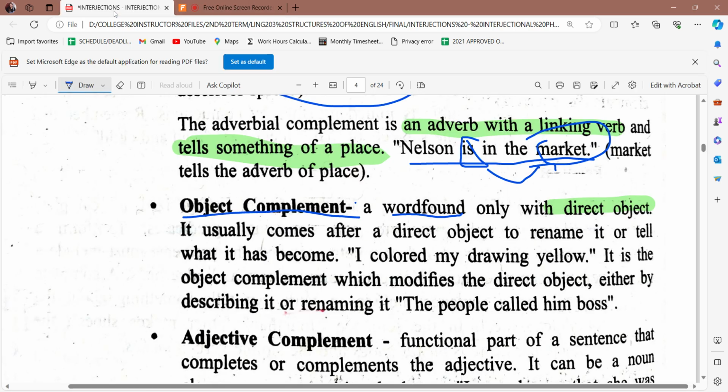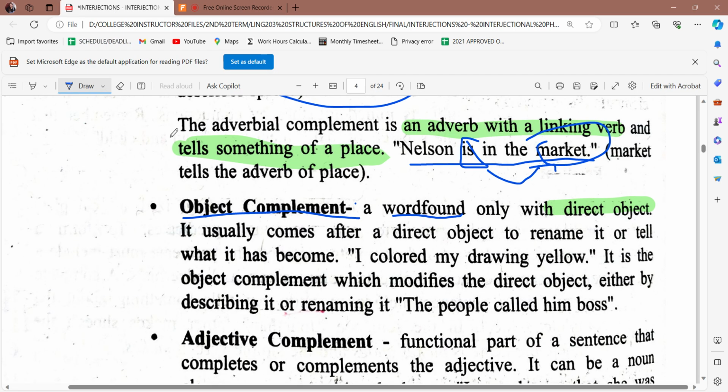Again, the object complement comes after a direct object. Okay? So you will easily know how to identify an object complement if you know how to also identify the direct object of the sentence. Because again, when you say object complement, it complements, it describes or renames the direct object.